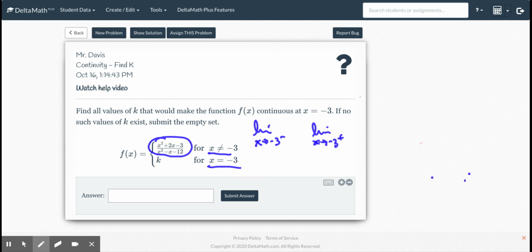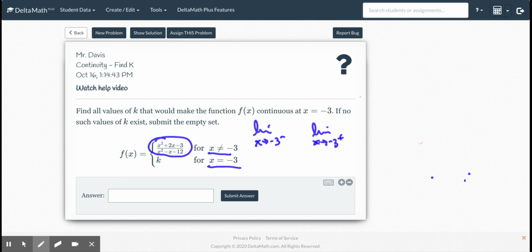So since we're going to use that function for both of them, because whether you're going from left or right, you're going to use this function, we know that we're going to get the same value, because we plug it in. If we plug it in from the left, we're going to plug in the same function. Plug it in the right, we're going to get the same function. So the limit will definitely exist on this thing.